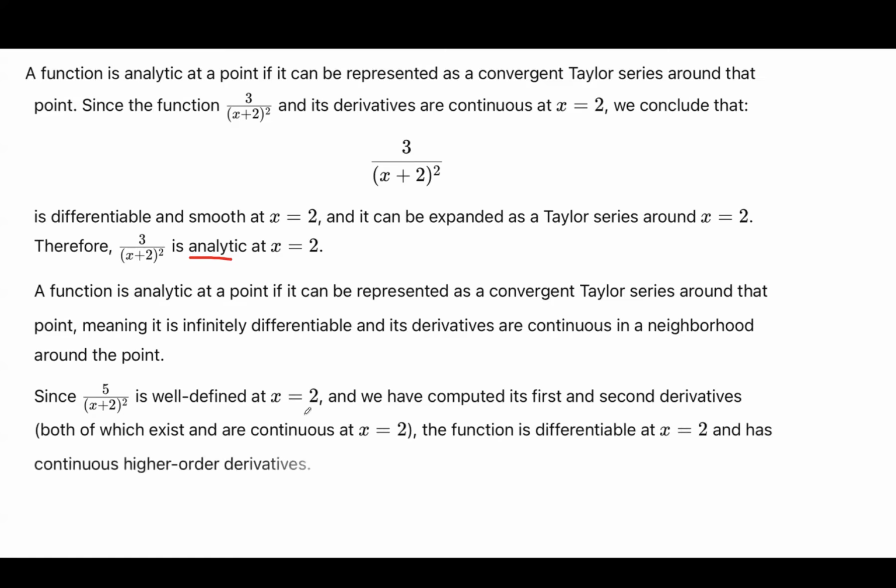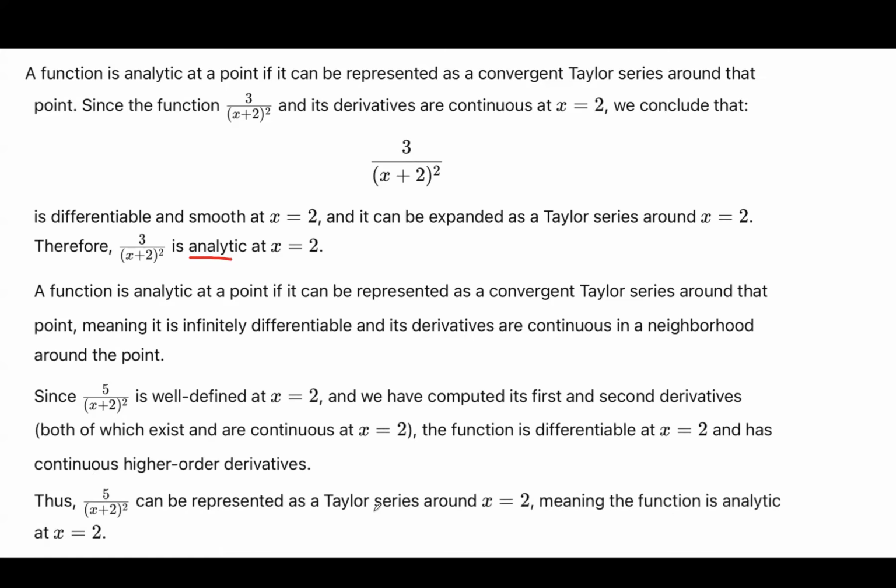The function is differentiable and it has continuous higher order derivatives. So for sure, you can say that 5 divided by (x plus 2) to the power 2 can be represented as a Taylor series around 2, meaning that this function is also analytic at x equals 2. So I gave you two different explanations for these two being analytic at 2.